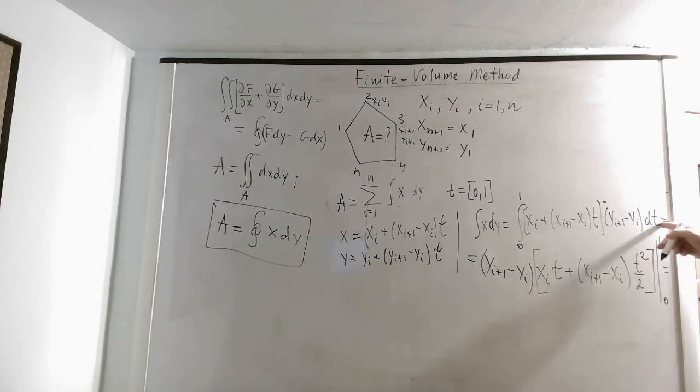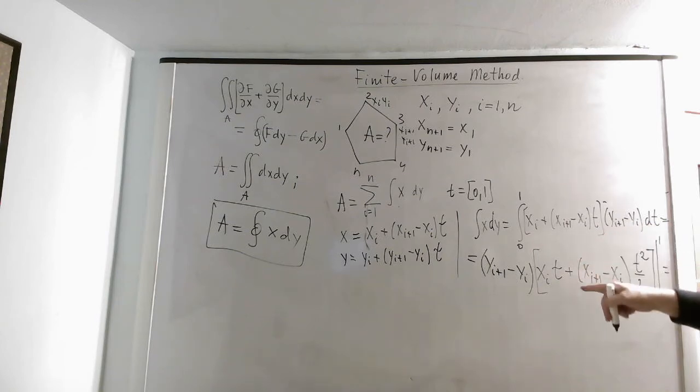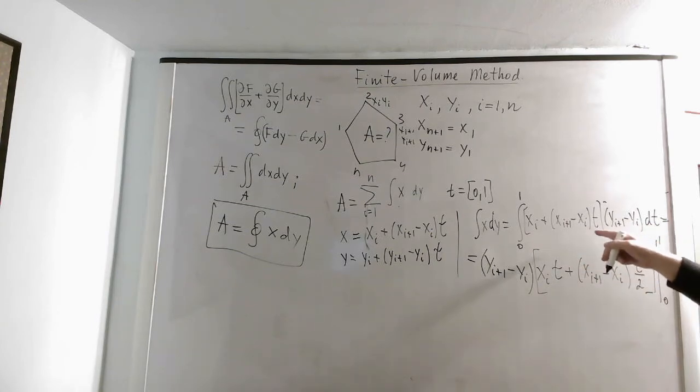I just integrated: the integral of this x dt is just x t, the integral of t dt is t squared over 2.